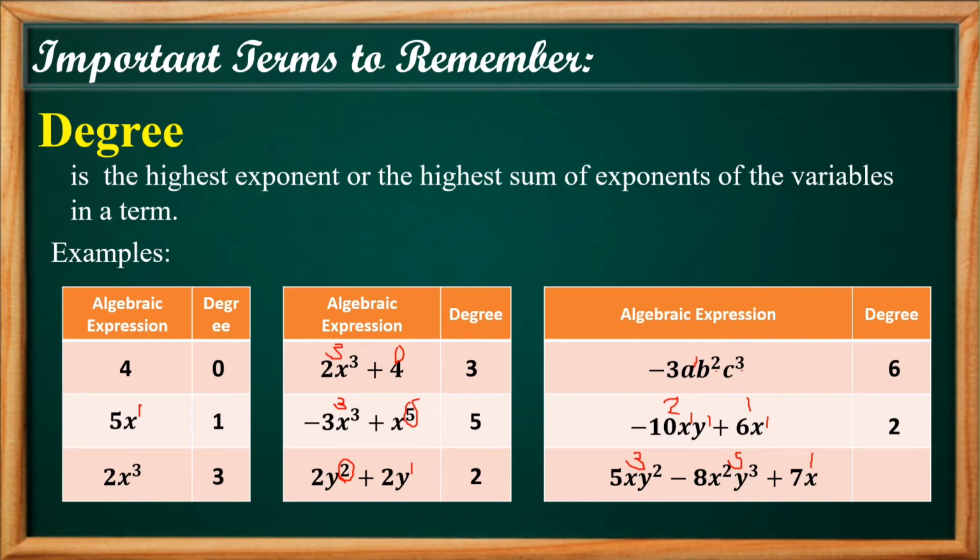Then, ang mas malaki is 5. Then, the degree is 5. Yun ang degree. Kapag maraming variable yung isang term, we need to add those exponents to determine the degree of a term or the degree of polynomial.